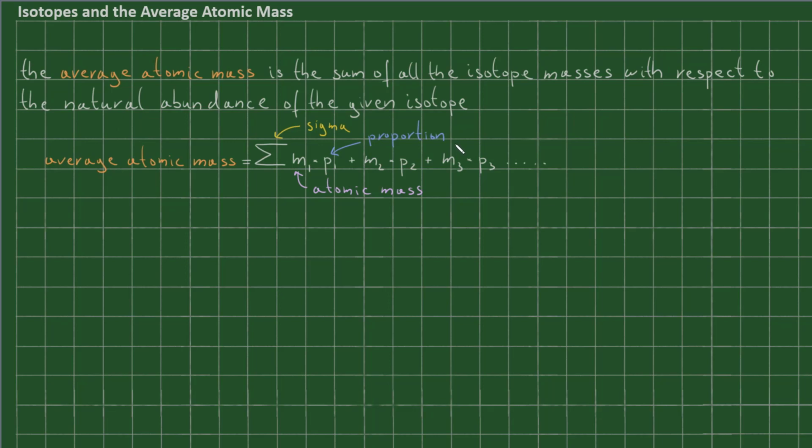Well, let's look at an example. Boron has two naturally occurring isotopes. So I'm going to bring in those nuclei. On the left, I have boron 10. The atomic symbol for boron 10 would be B, with 5 for the atomic number and 10 for the atomic mass. And it so happens that about 19.90% of all boron atoms are boron 10.